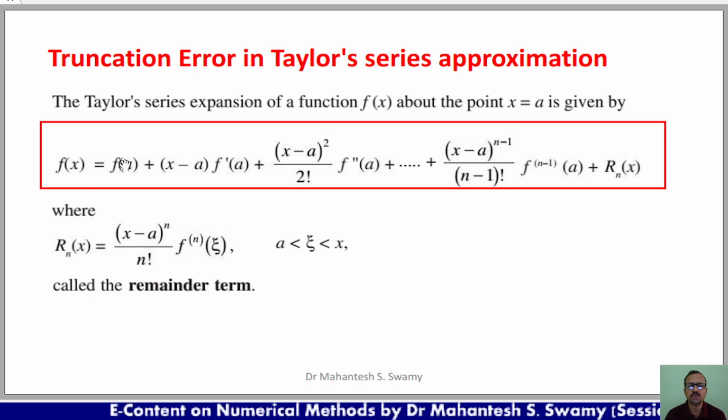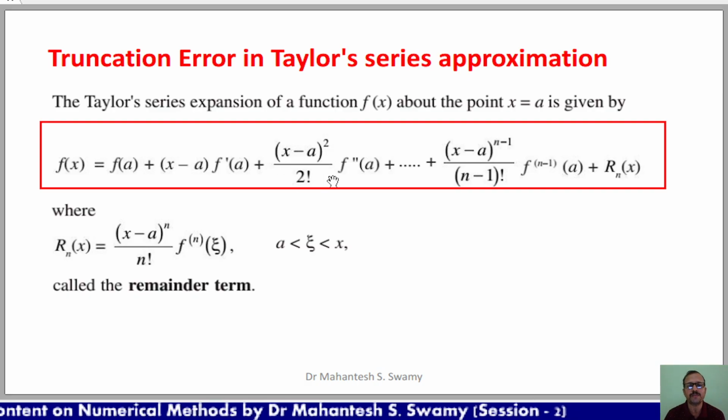In this, actually the Taylor series expansion is an infinite series expansion. See, the series will contain infinitely many terms, but for computational purposes we limit the number of terms. So considering only the first few terms of an infinite series is called truncation of the series.